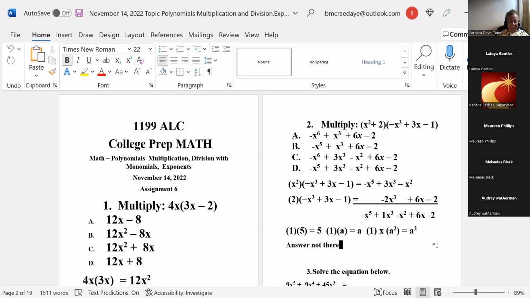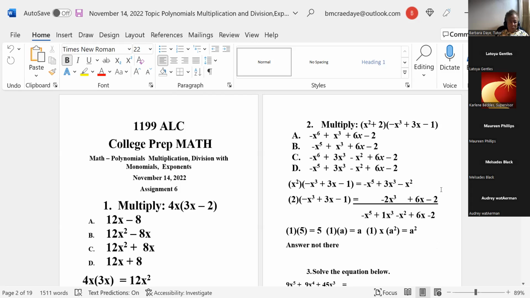Do you see any mistakes in multiplication here? x to the second minus x is minus x to the fifth. This is 3x to the third. This is minus x to the second. 2, that's minus 2x to the third. And that's plus 2 times 3, 6x.